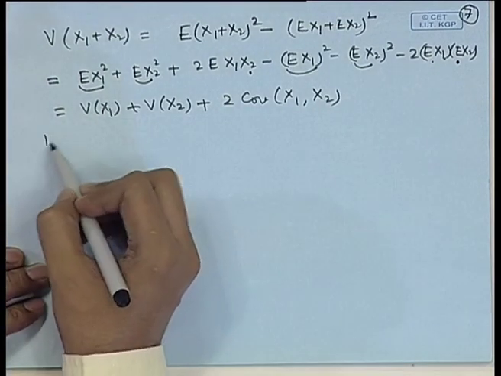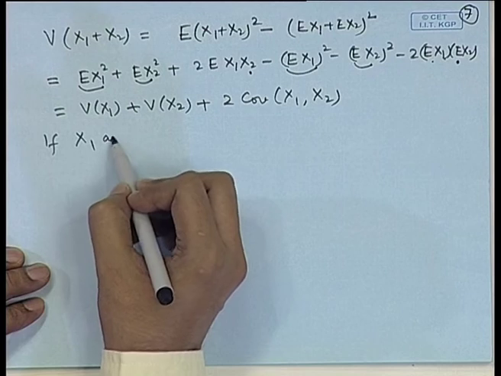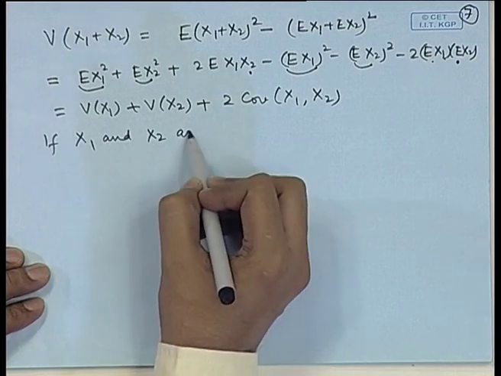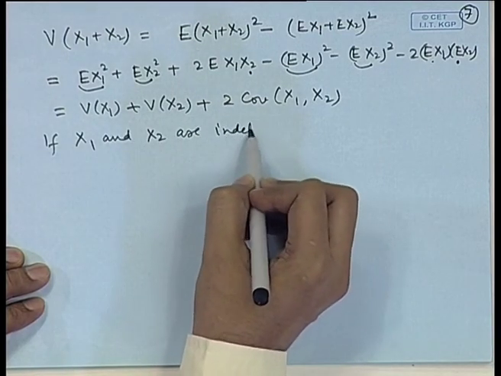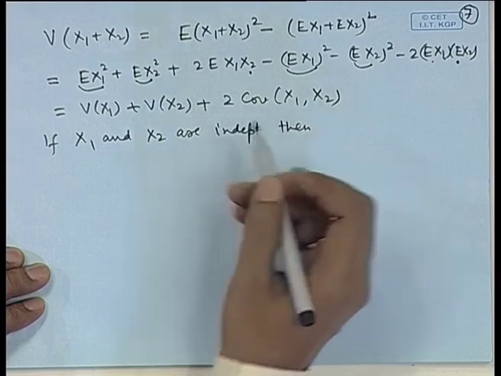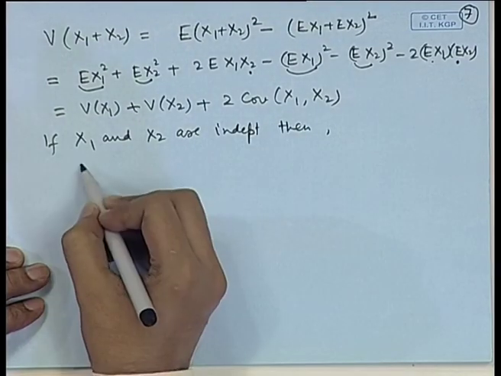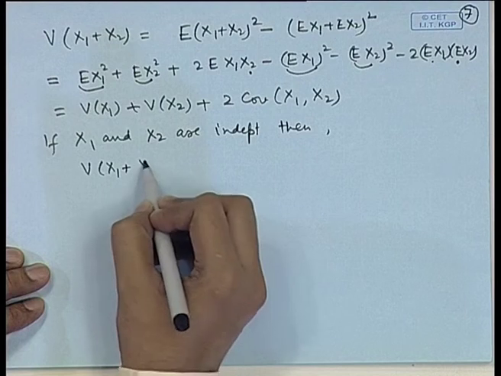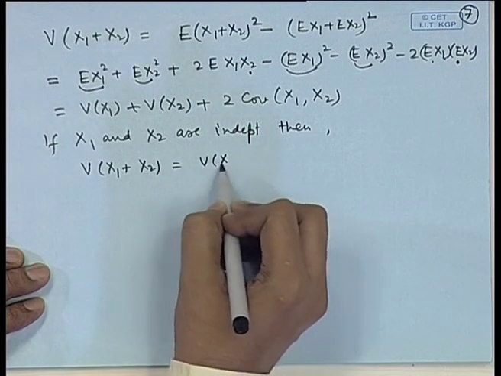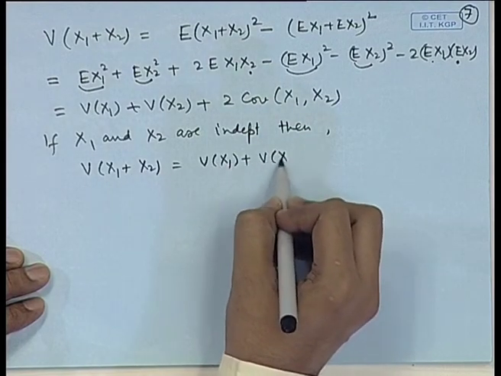Now, if X_1 and X_2 are independent, then the covariance will be 0 and therefore, the variance of X_1 plus X_2 will be equal to the variance of X_1 plus the variance of X_2.